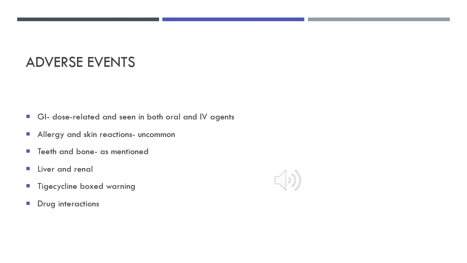Teeth and bone, we've kind of talked about, in the sense that the tetracyclines can cause that brown to yellow discoloration of the teeth in children under the age of 8. And that is really affecting the enamel of the tooth.